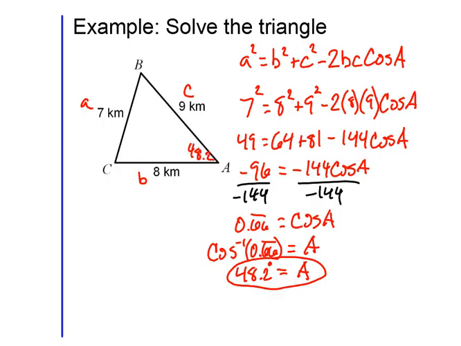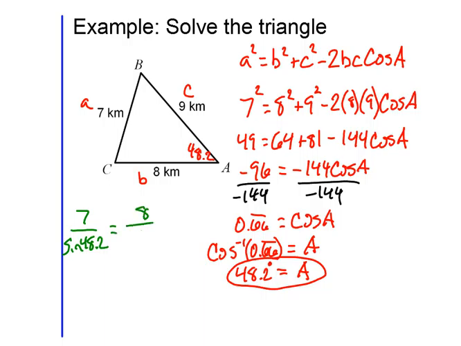Now I can go ahead and use law of sines again in order to figure out one of the other angles using the sides I have. So I now can set up a pair of A's. Side A is 7 over the sine of 48.2. And let's focus on getting angle B first.